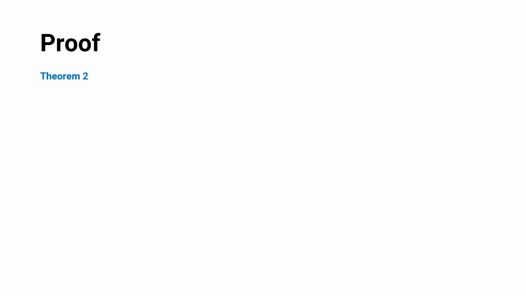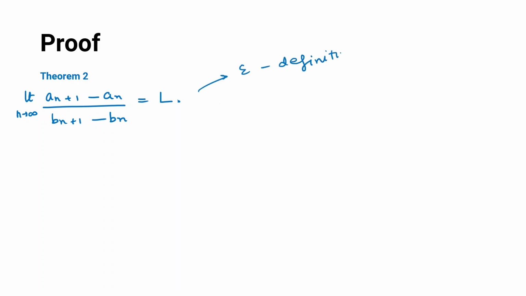So how I'm going to do it is that I assume the hypothesis, which is that the limit of (a_{n+1} minus a_n) divided by (b_{n+1} minus b_n), as n tends to infinity, is equal to some L. So what this means is that I will use the epsilon definition which I had mentioned earlier.